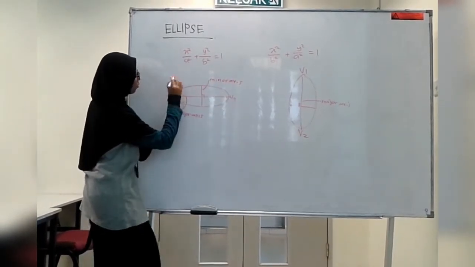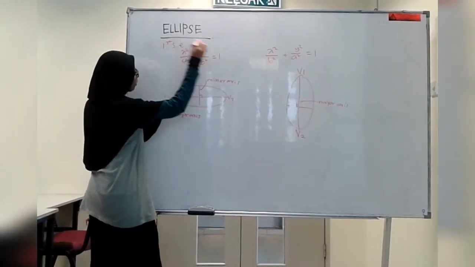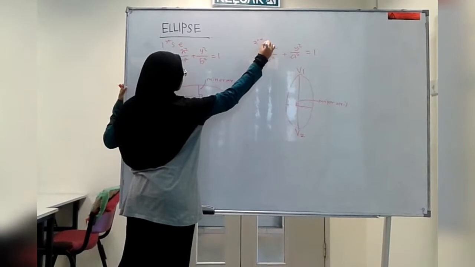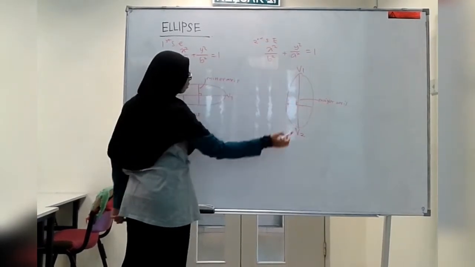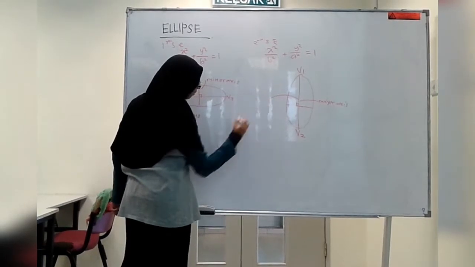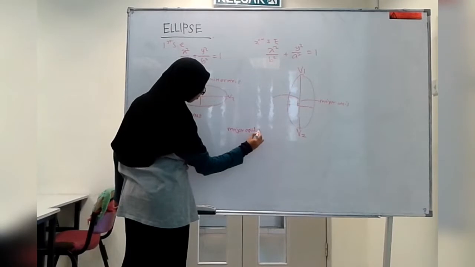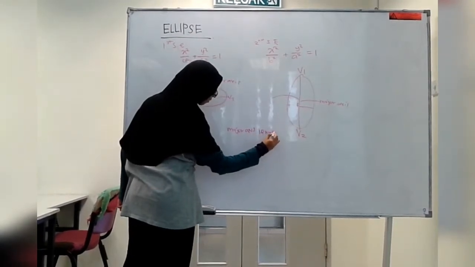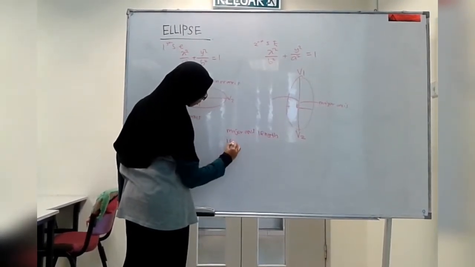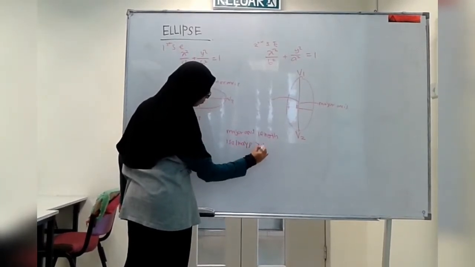For the first standard equation and the second standard equation, the major axis length is always greater than the minor axis.